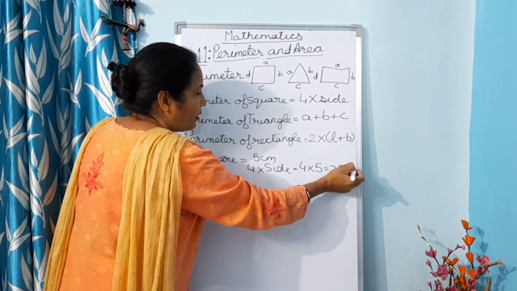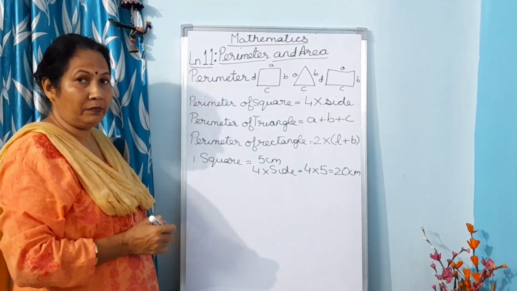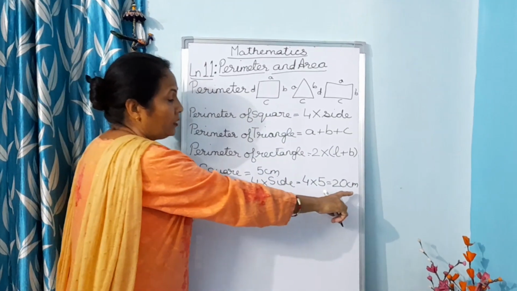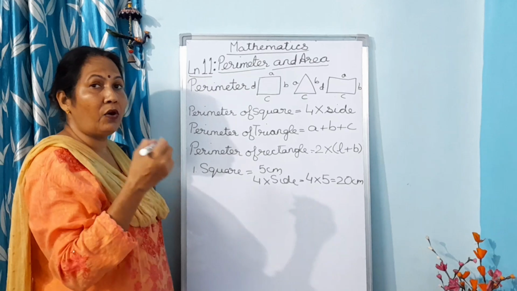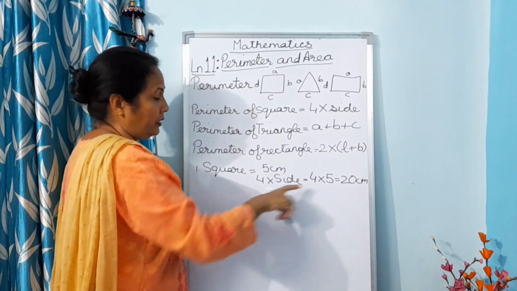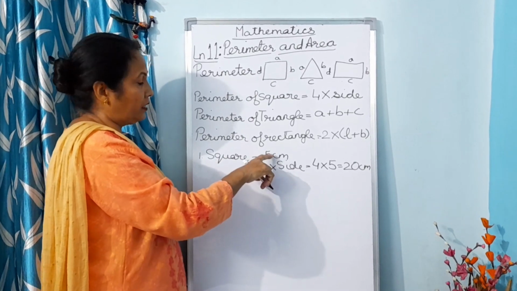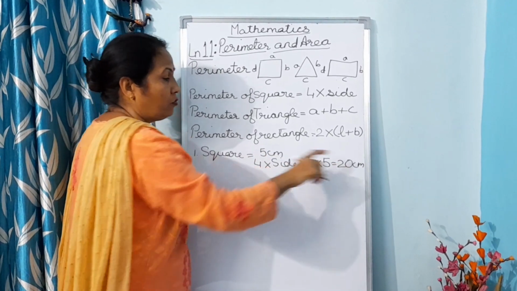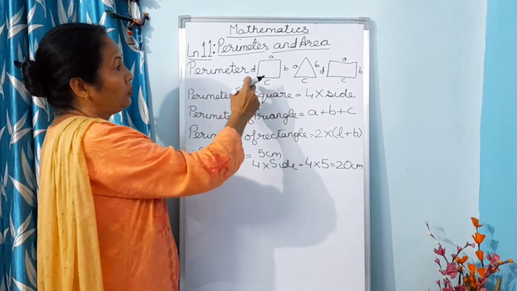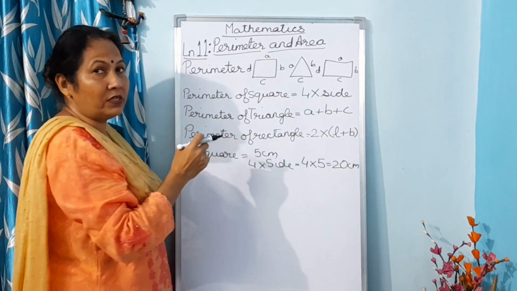Now children, always remember that in perimeter you don't write the unit as square or cube. You just write the unit in which the sum is given. Like here it is centimeter, you will write here only centimeter. Why? Because here you are adding the boundary.